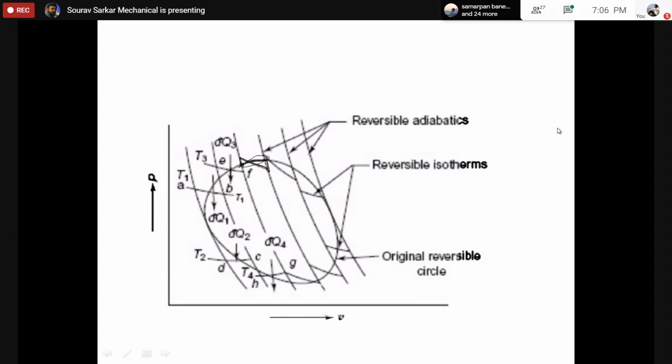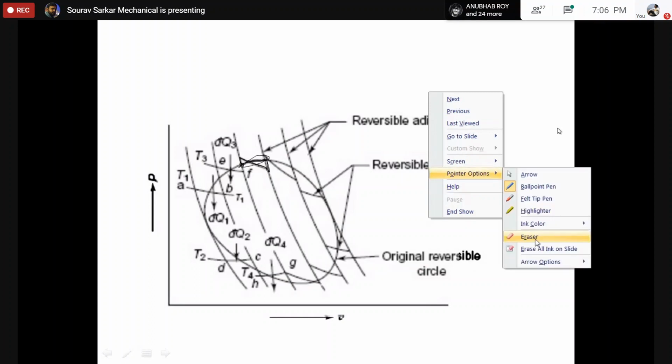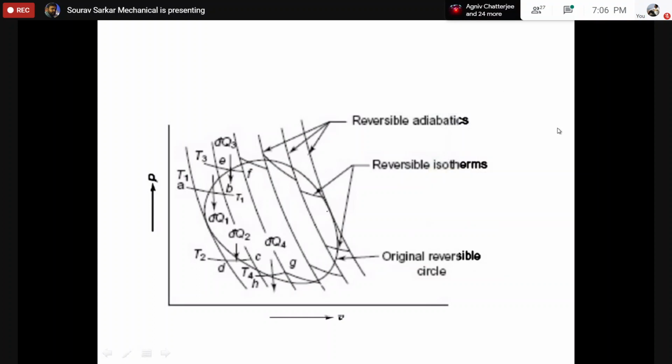So if I can do this for each part, what I can finally show is that the whole cycle is basically consisted of a series of what?